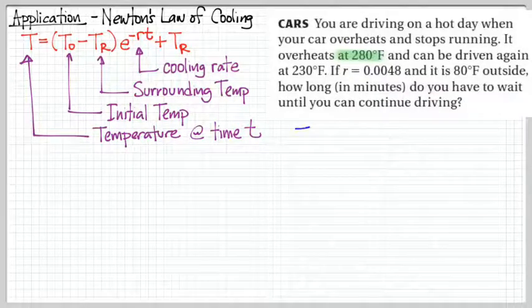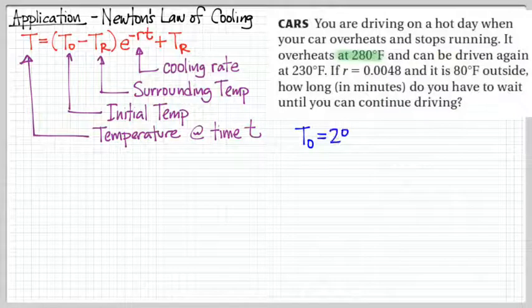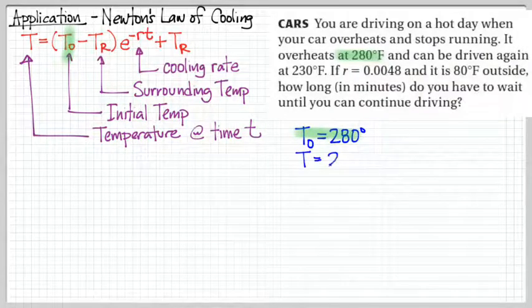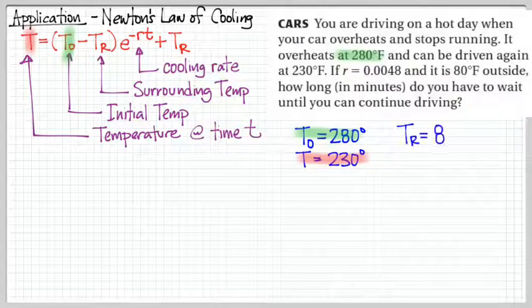So let's break this down. We have our initial temperature of the engine. That's T sub 0. We have the temperature that we would like to achieve so that we can drive the car again. That's T, which is equal to 230 degrees. We have the room temperature, which is 80 degrees.